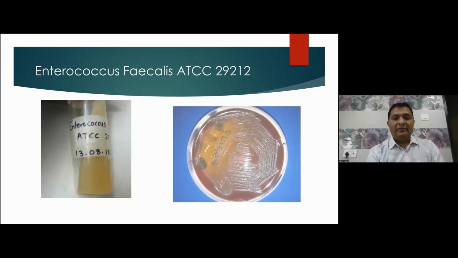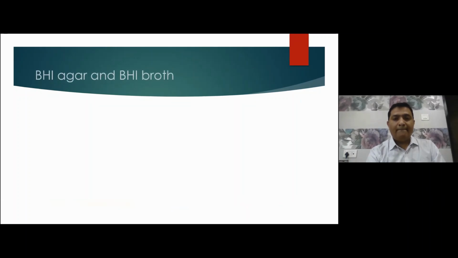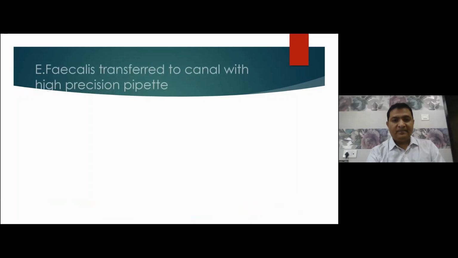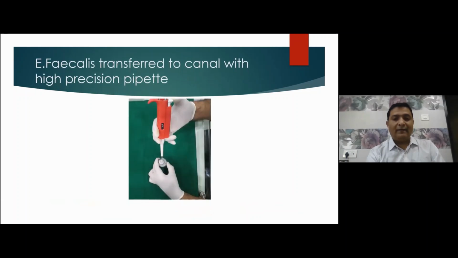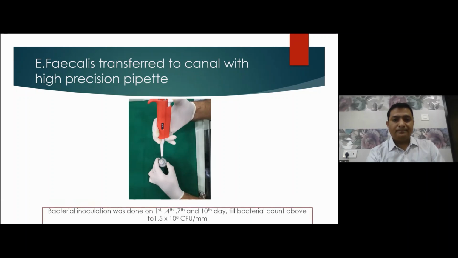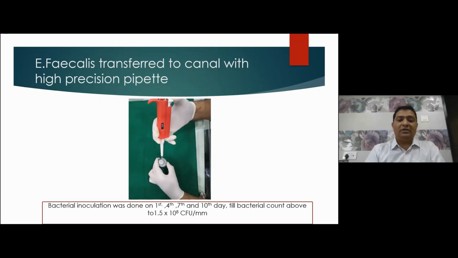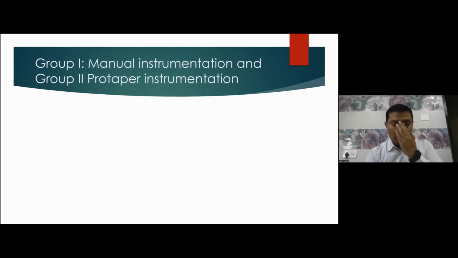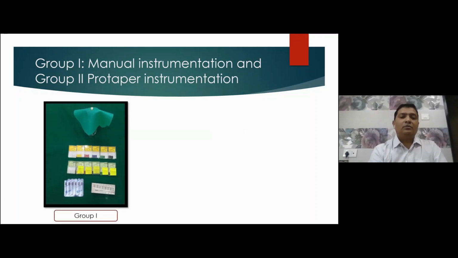The broth of E. faecalis was prepared and transferred into each canal with a precision micropipette, and bacterial inoculation was done in the incubator till the bacterial count was about 1.5 × 10⁸ colony forming units per ml, as this is the count obtained in the infected root canal, simulating the clinical condition.